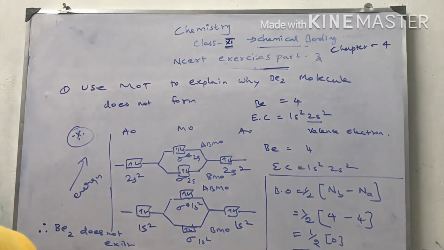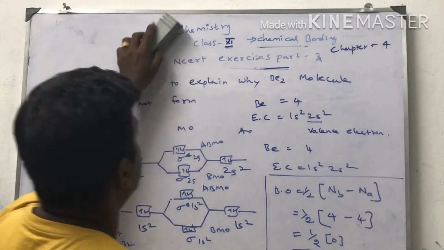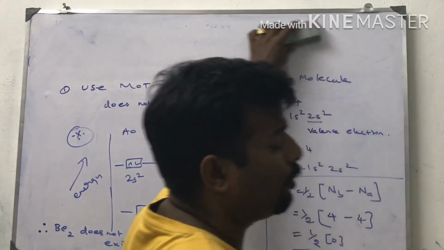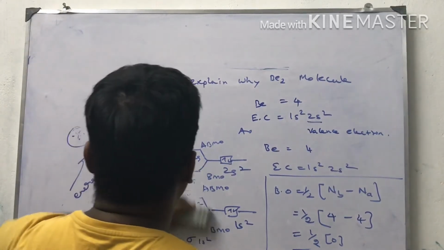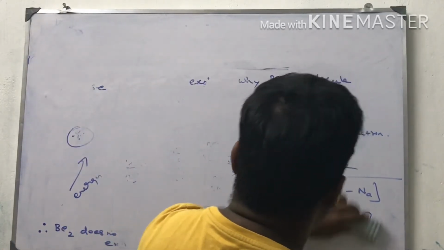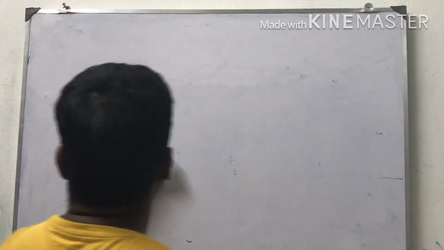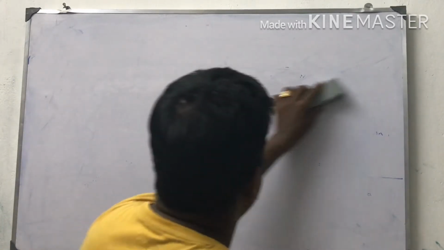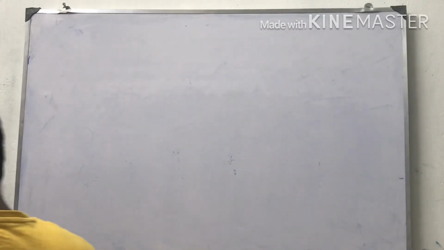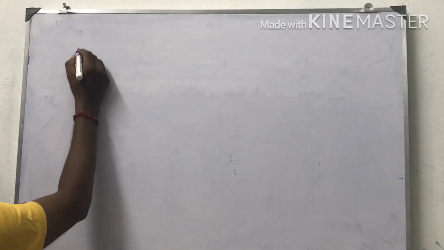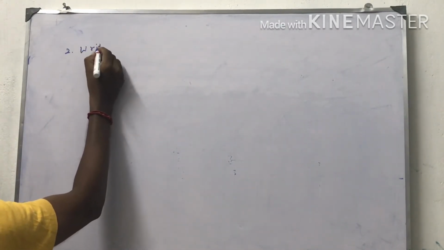Next question. Write the resonance structure for SO3, NO2 and NO2 minus. That is the question. Next we are going to solve. Very simple, easy. Second question.